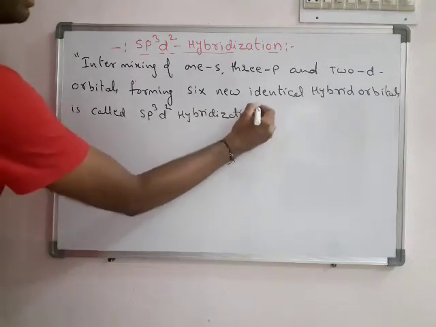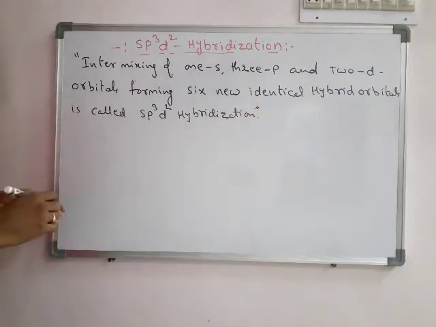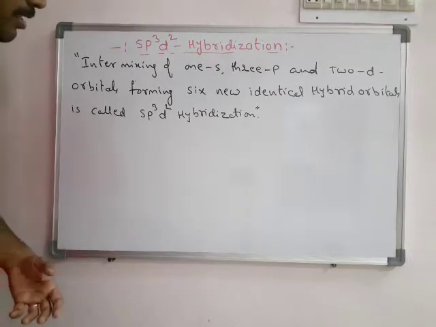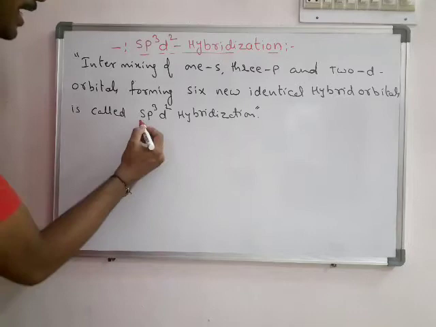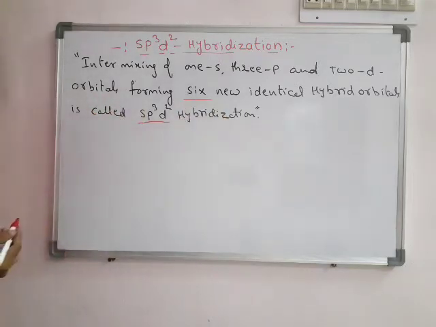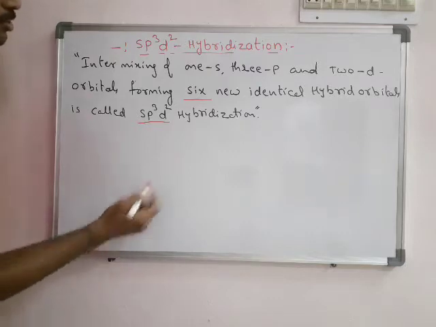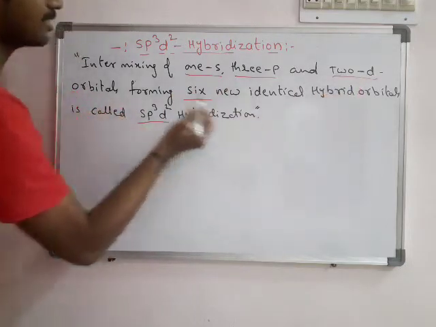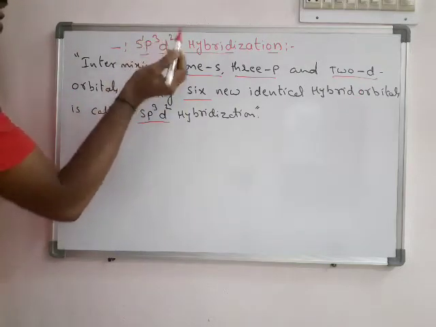The formed hybrid orbitals are called sp3d2 hybrid orbitals. How many are formed? There is 6. The intermixing of 1s, 3p and 2d. In the name itself it is there: s is 1, p3, d2.